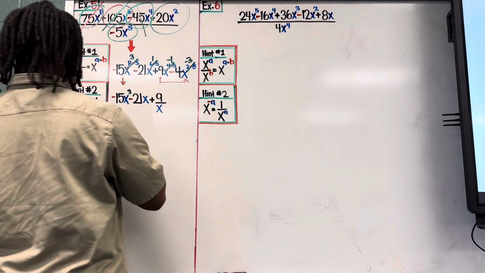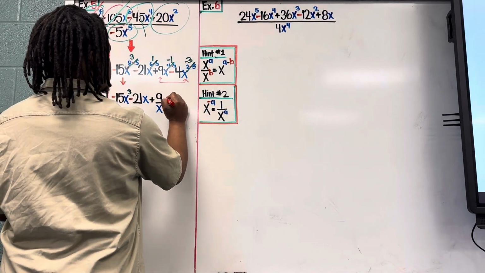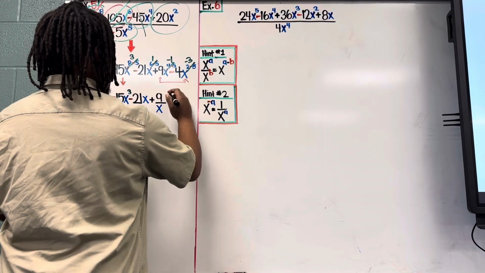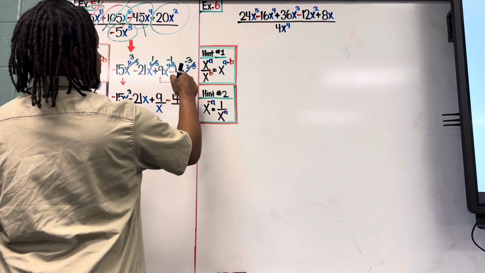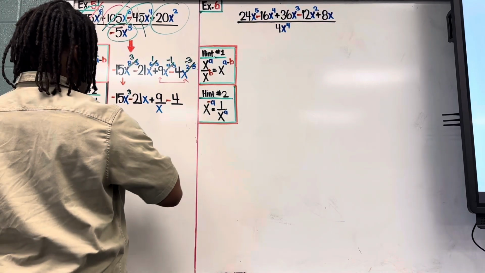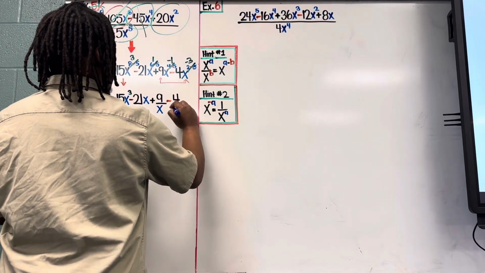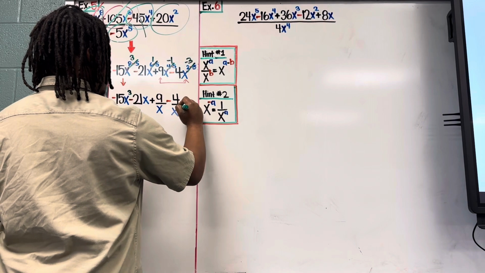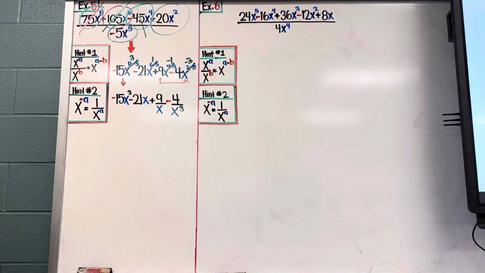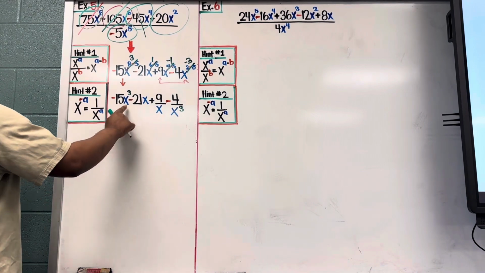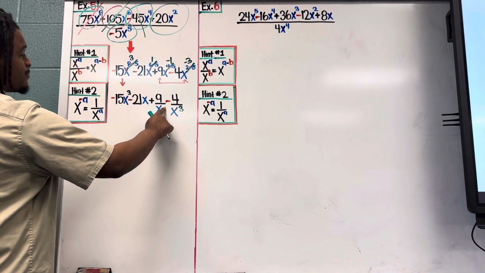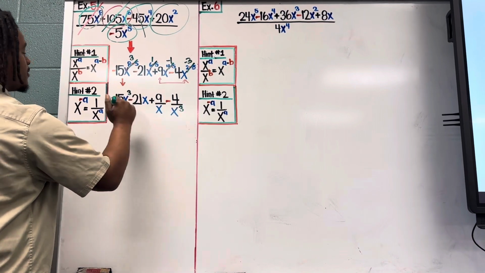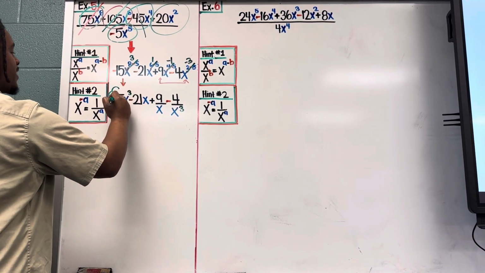And here is going to be minus 4 over x to the third power. So this right here, guys, will be our final answer. Negative 15x to the third power minus 21x plus 9 over x to the first power minus 4 over x to the third power. This is our final answer.